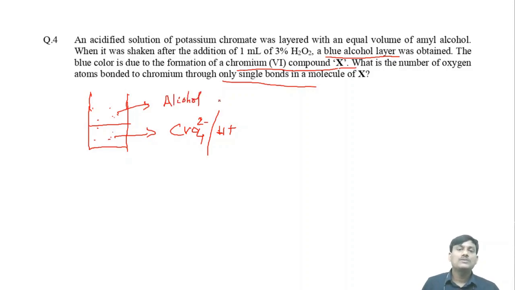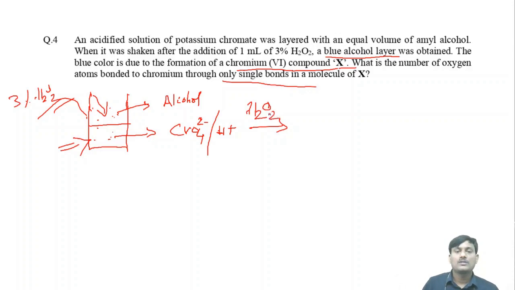When you add 3% H2O2, in the presence of H2O2 this CrO4 2 minus, potassium chromate or potassium dichromate, will be converted into CrO5.